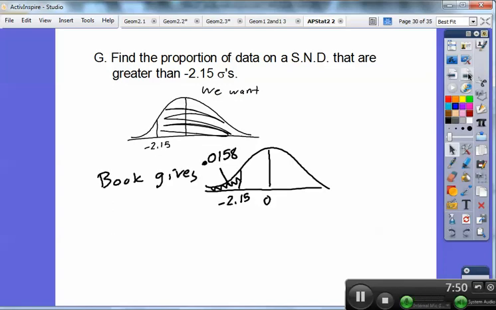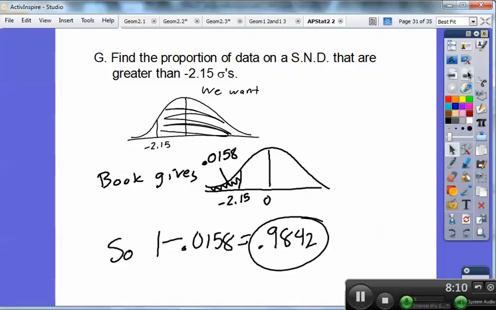Do you guys see that? We want above though. When it says greater than, we want this side. Your book gives you this answer right here. Remember, the whole curve is 1, or 100%. So I'm going to do 1 minus 0.0158, and that'll give me this side over here. So you get 0.9842.